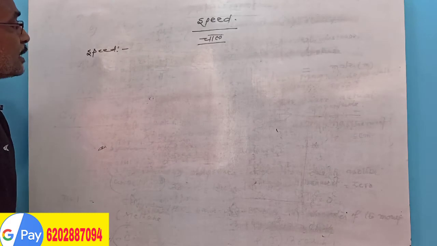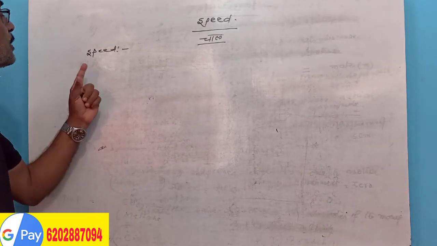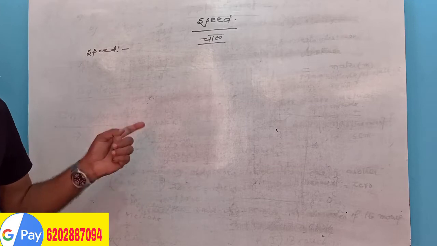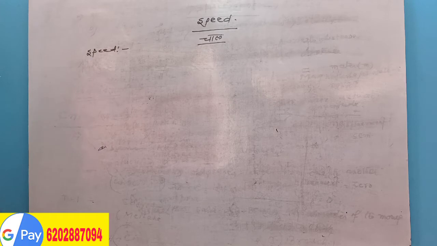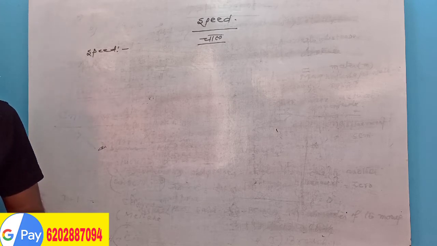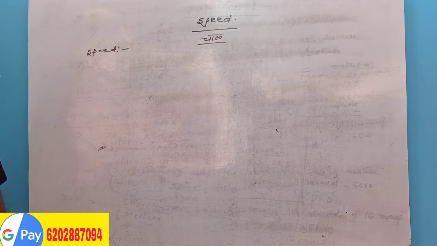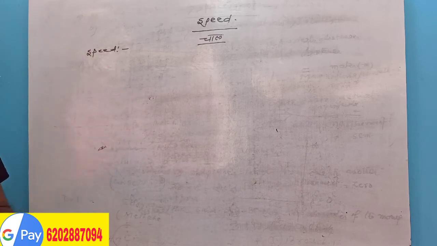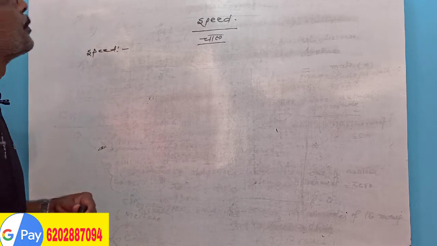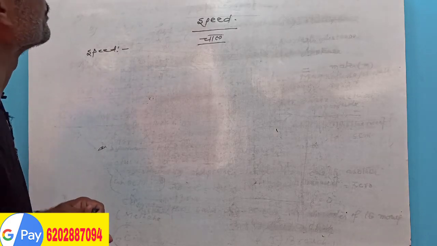as you listen carefully, it is a physical quantity which gives us an idea about the slowness or fastness of a moving body. So it can be well defined: the speed of a body is the distance traveled by it per unit time.